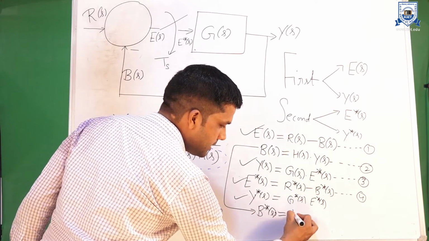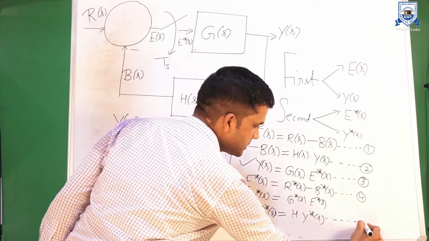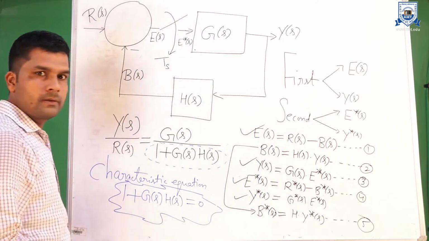I am letting H be constant and Y be sampled. This is equation number 5.